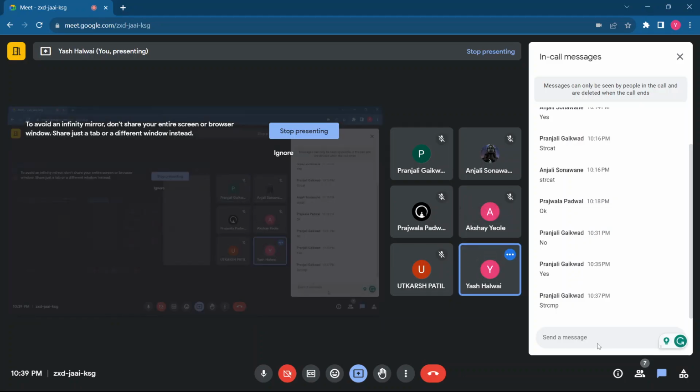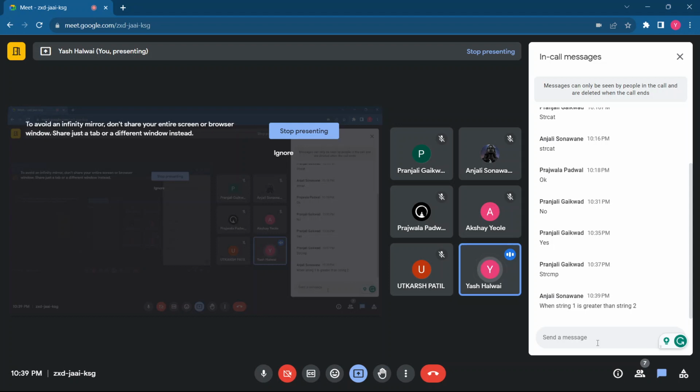Akshay, Anjali, what does minus 1 mean? Minus 1, 0, 1. 0 means it is equal, but I got a minus 1. What is meant by minus 1 here? Simple question I'm asking.